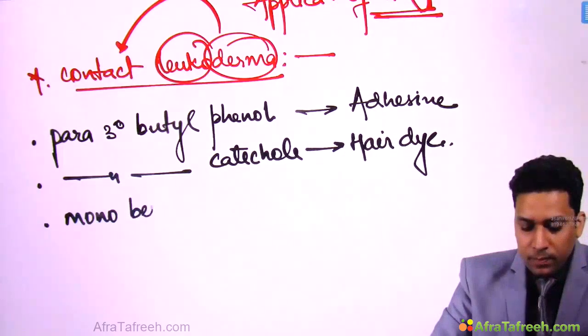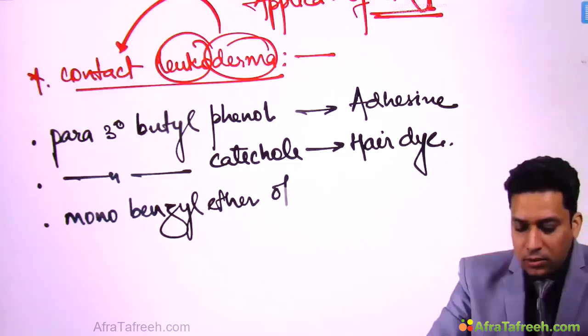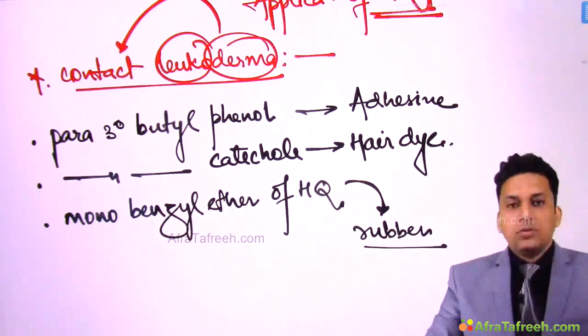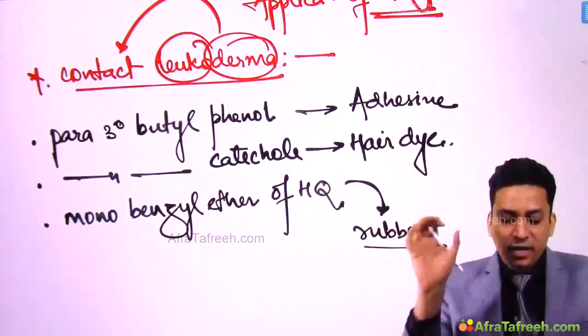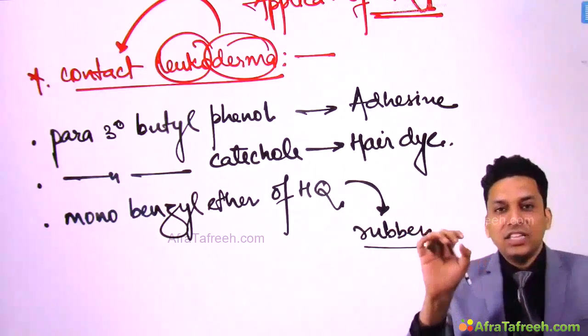Monobenzyl ether of hydroquinone, which is present in rubber. So at least remember these three important chemicals: para-tertiary butyl phenol, which is present in adhesive; para-tertiary butyl catechol, which is present in hair dye; and monobenzyl ether of hydroquinone.